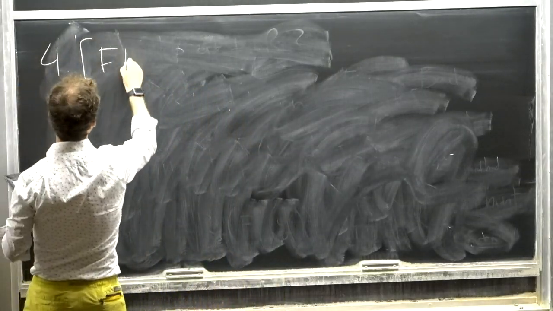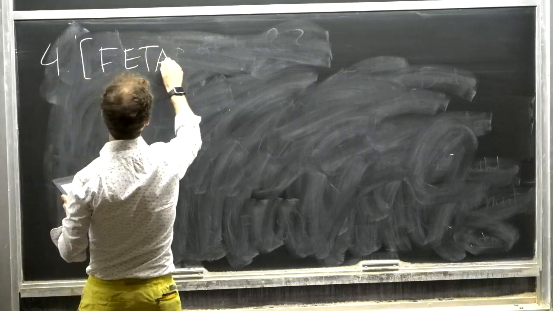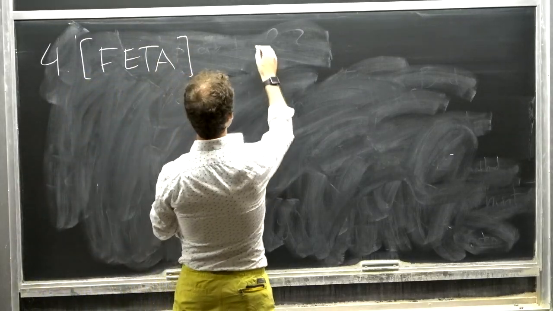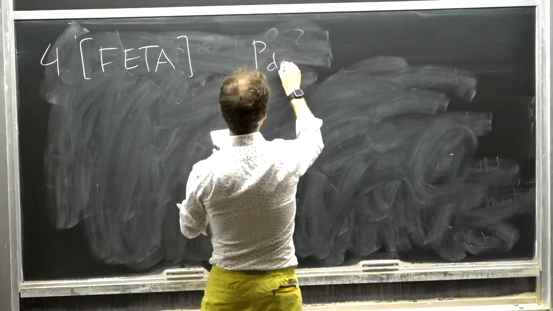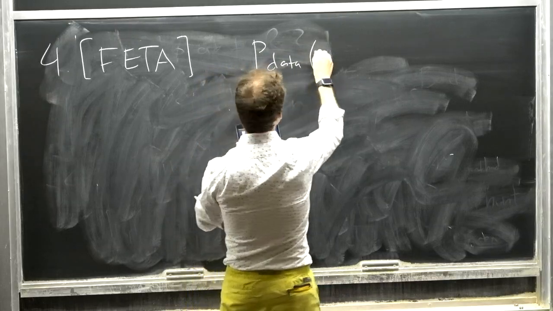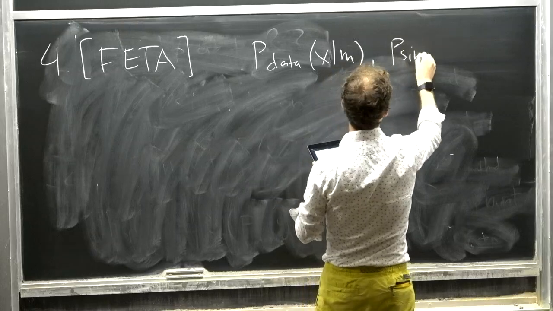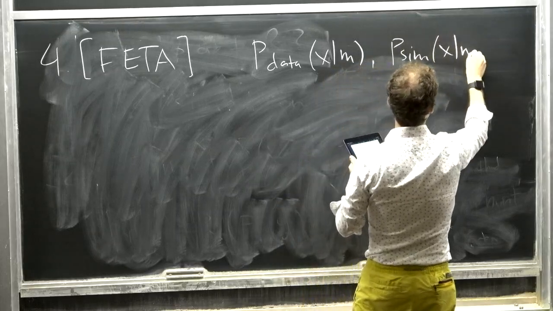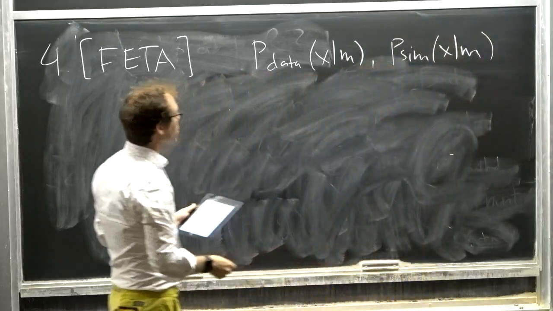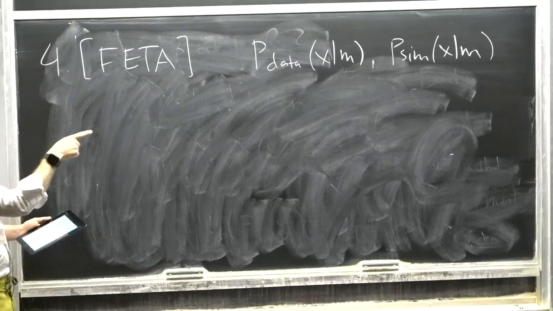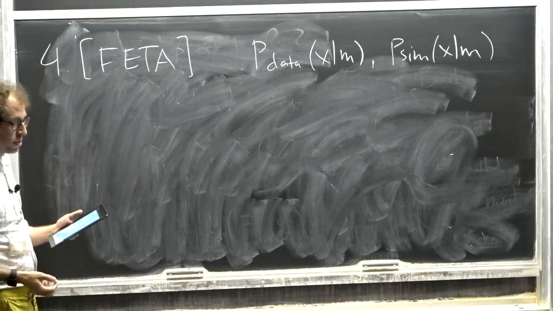Called theta. And the idea here is that if you approximate, kind of similar starting point, imagine I approximate p of x given m for data and simulation using normalizing flows.